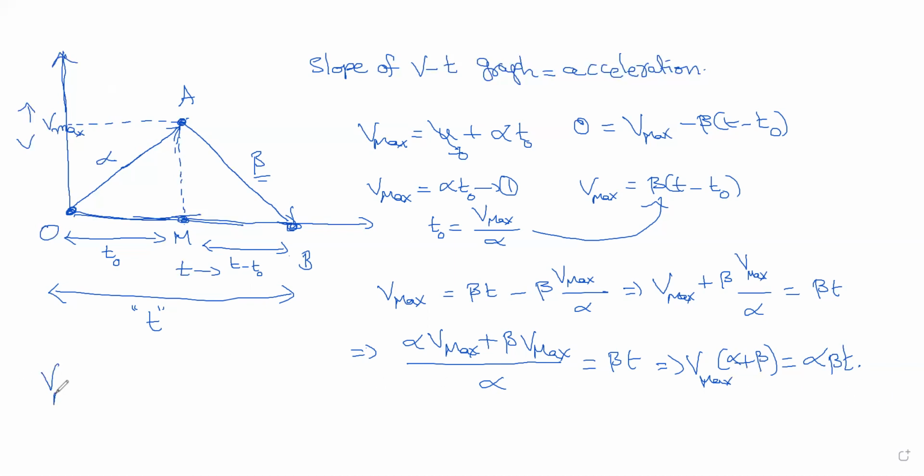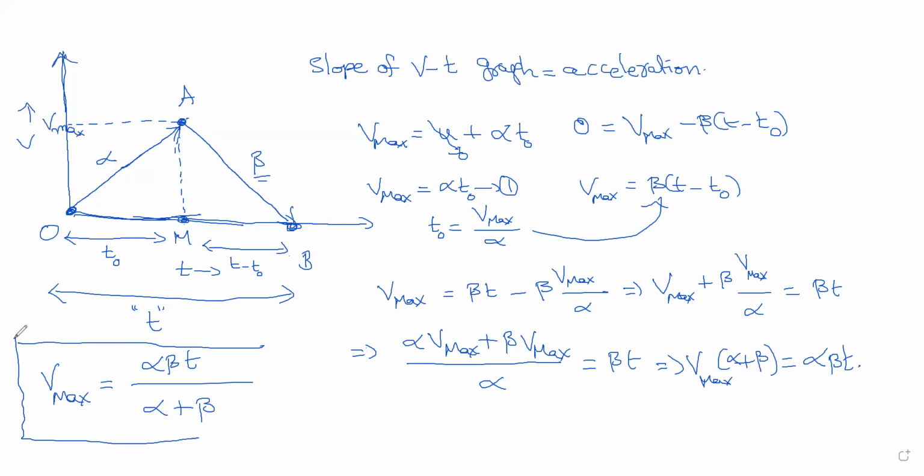You get the first relation: Vmax is equal to alpha beta T divided by alpha plus beta. This is the first relation. Clear? Relation 1.